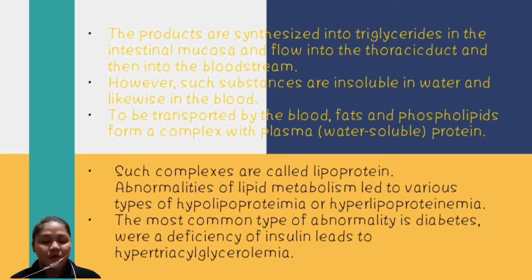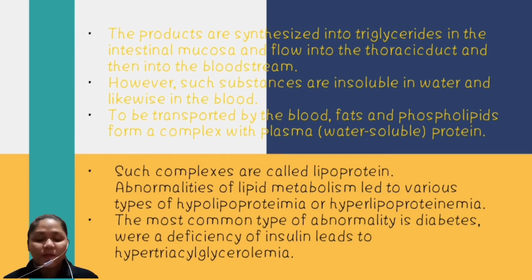However, such substances are insoluble in water and likewise in the blood. To be transported by the blood, fats and phospholipids form a complex with plasma protein. Such complexes are called lipoproteins. So the mixture of fats and phospholipids together with plasma protein creates lipoprotein.